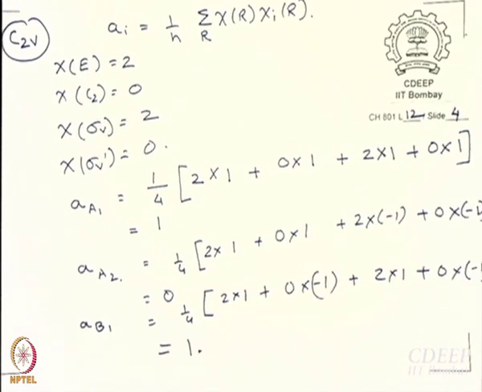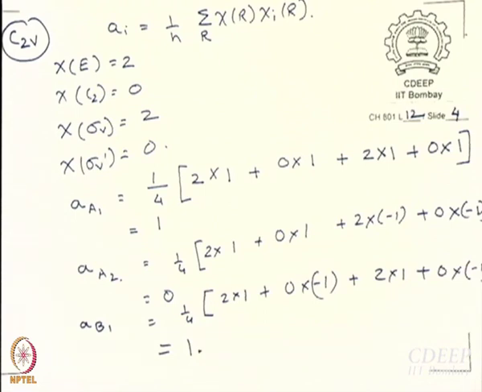Is there any need to work out B2? There isn't. Because see, your reducible representation was 2-dimensional. You have already found that that representation is a sum of two one-dimensional representations. So the fourth representation cannot have any contribution. Still, if you want, you can work it out since you are doing it for the first time.